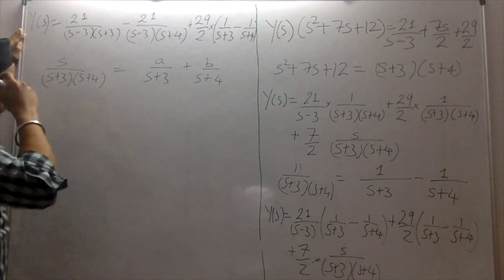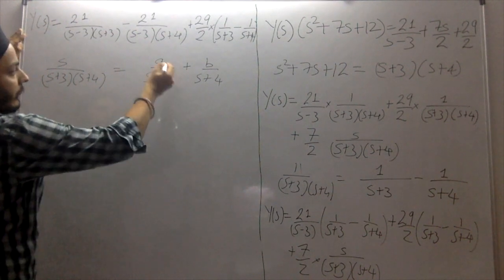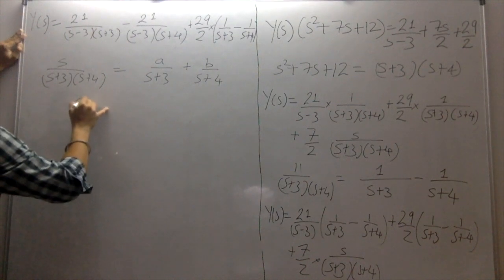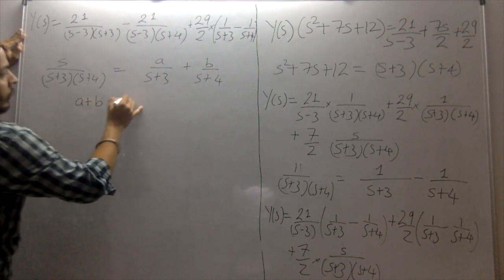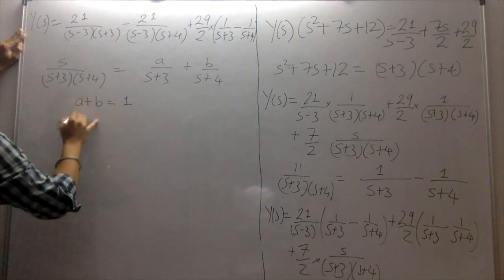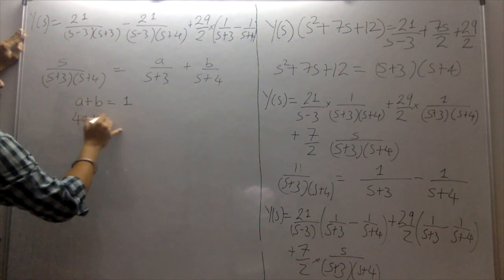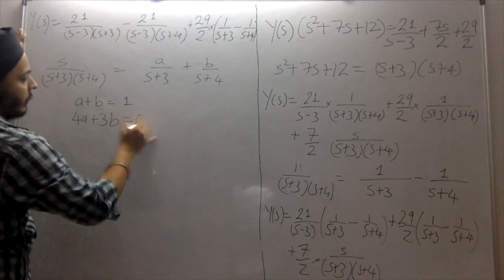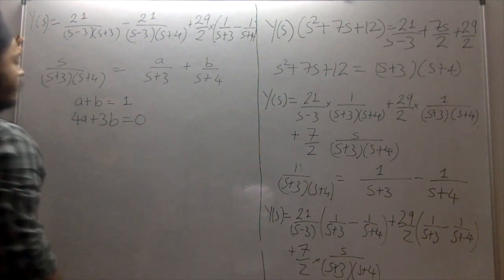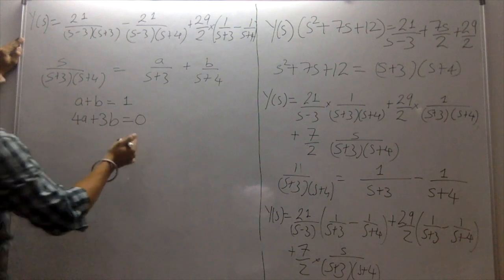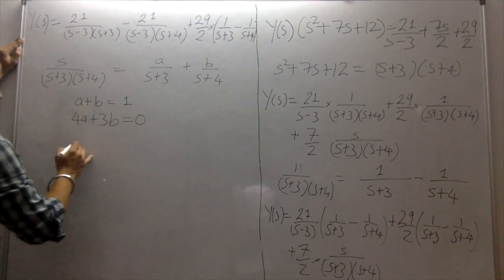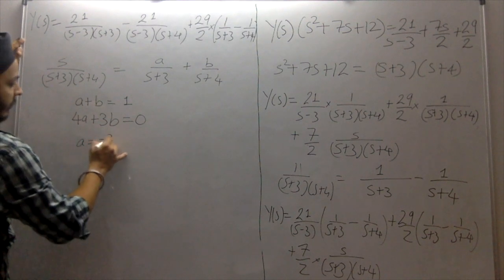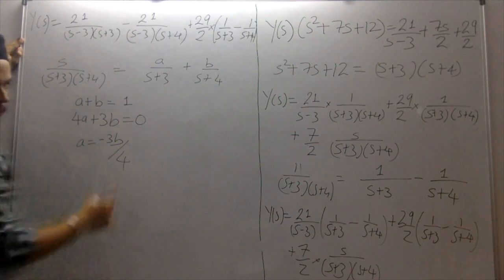So if you multiply s plus 4 with a and s plus 3 with b, you will get the condition that a plus b should equal 1 and 4a plus 3b should equal 0. Now we need to solve these equations. From here a equals minus 3b by 4.